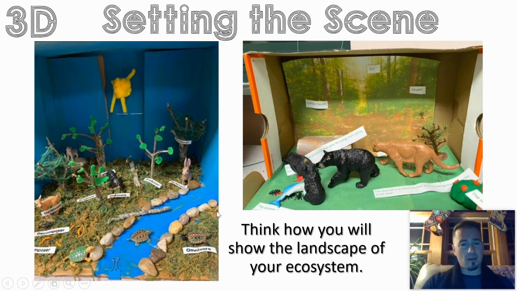Look at all those found objects. The fact that they found some rocks made it look like a stream is flowing through. They stuck little, I'm going to say moss or something down there, and some tree branches that look like trees. Really good use of found objects to make this 3D model a whole scene for these animals and plants to be in.